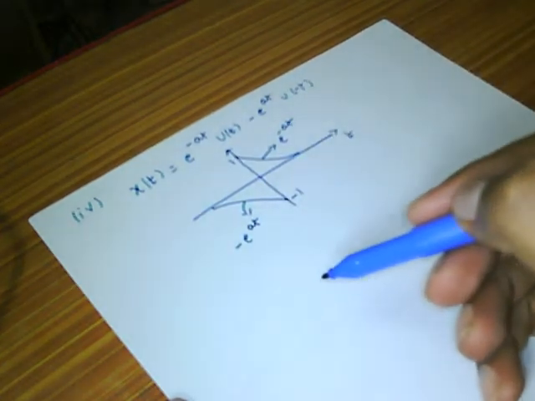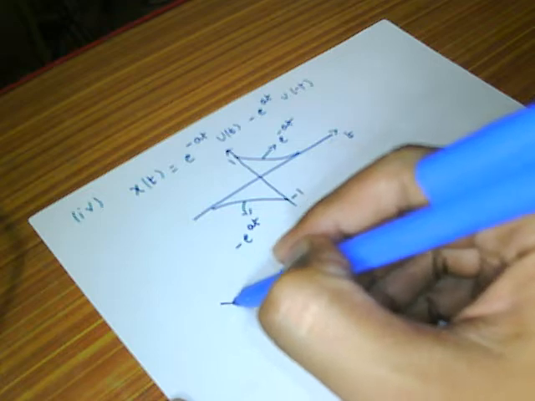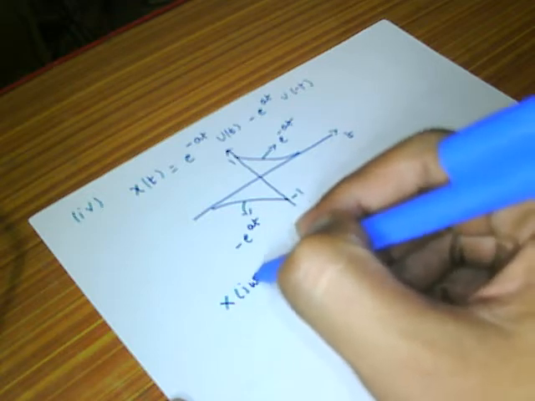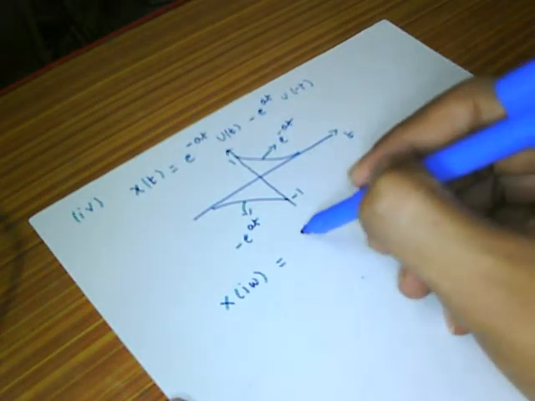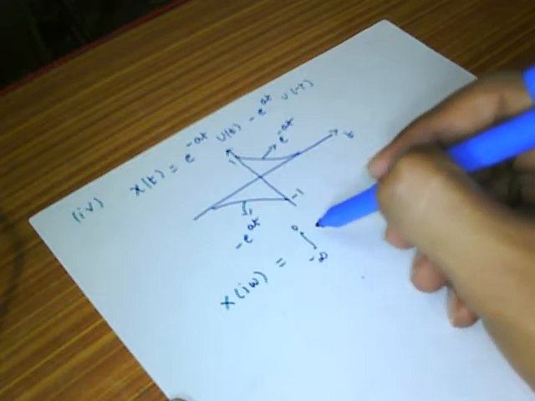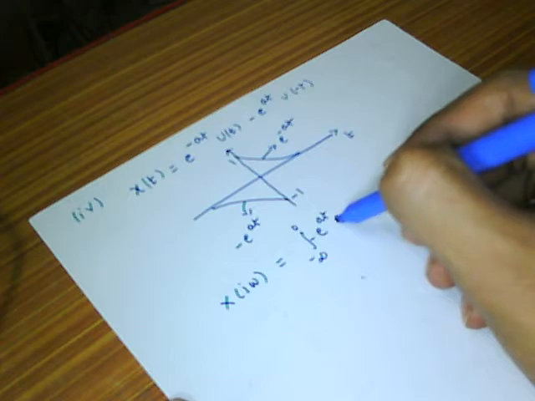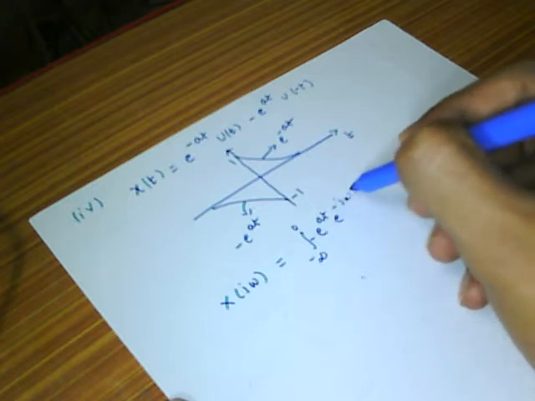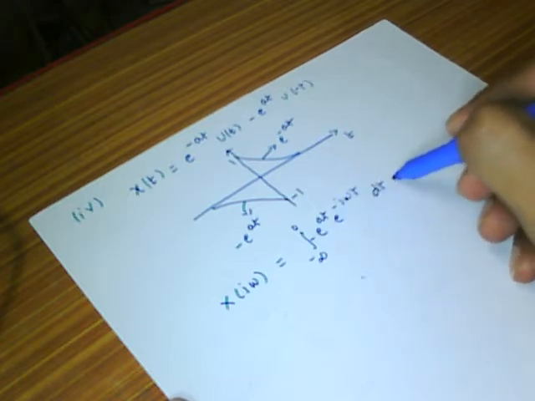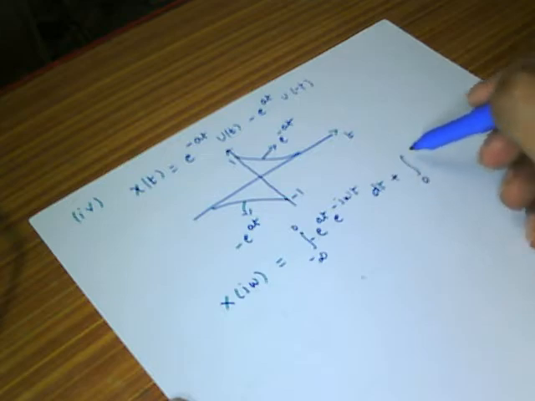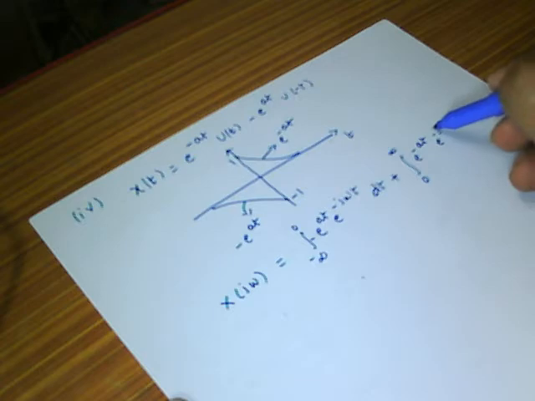Again, if you look at the Fourier transform of this signal, it will be the integral minus infinity to 0 of minus e power at into e power minus j omega t dt plus integral 0 to infinity of e power minus at into e power minus j omega t dt.